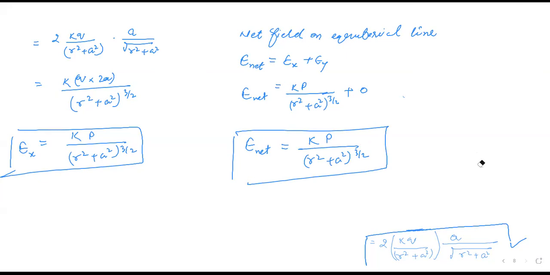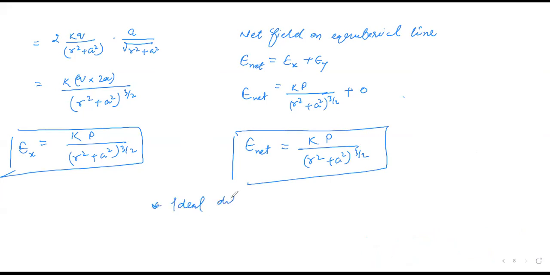Now, for the ideal dipole approximation, we already know a is very much less than r. So r square plus a square we can write as r square only.